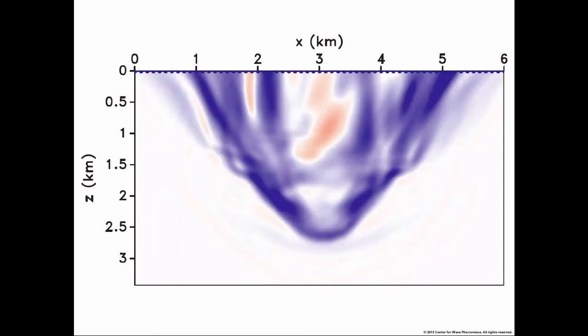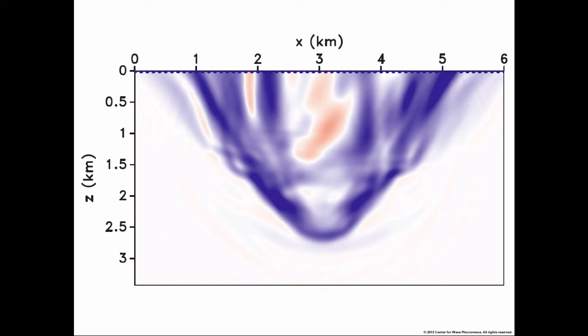So we can also try other alternatives. For example, there's a smoothing of the non-filtered gradient. You can get rid of the crosstalk events, but you also smear the update into the salt model.